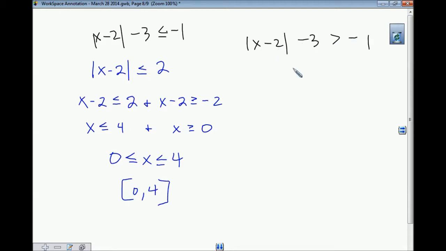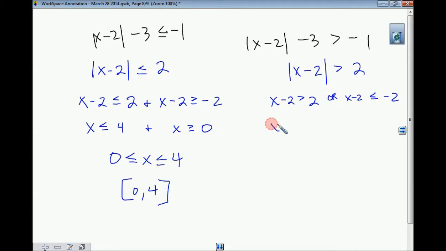Now, with greater than, to be greater than 2, this would be greater than 2, or if I threw something negative in there, it would have to be less than negative 2, wouldn't it? Because if I took the absolute value of negative 3, isn't that greater than 2? Okay, so all of this would have to be greater than 2 or less than negative 2.